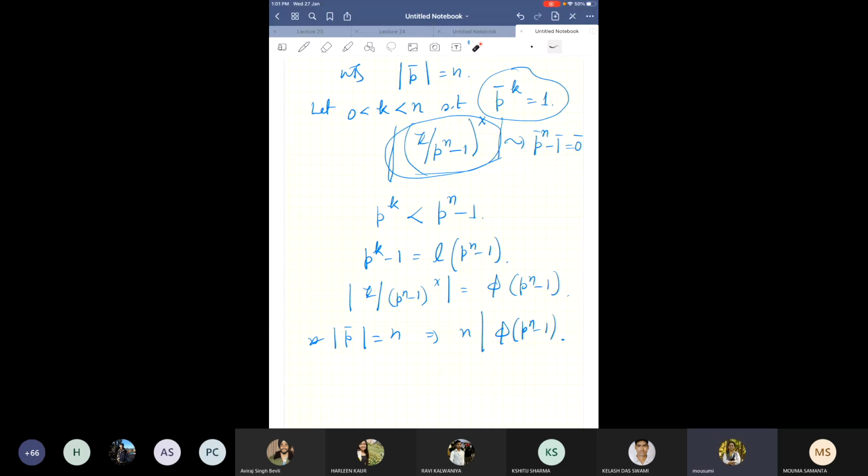That means p to the power n minus 1 divides p to the power k minus 1. But is it possible that this k is less than n and you still have this relation holding? This is not true, right? Yes, ma'am. So therefore it has to be n only. You cannot take anything smaller than this. Okay.